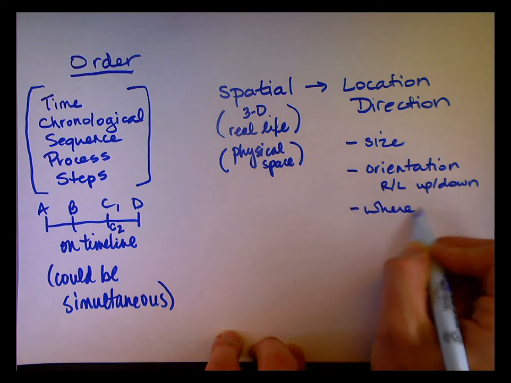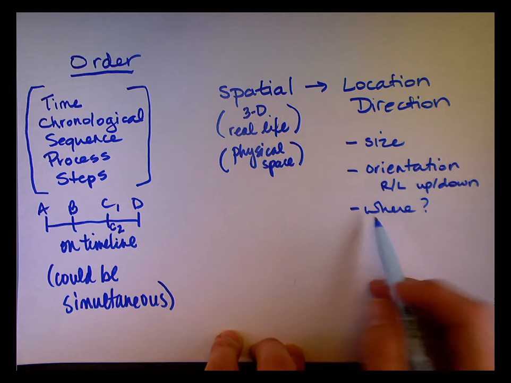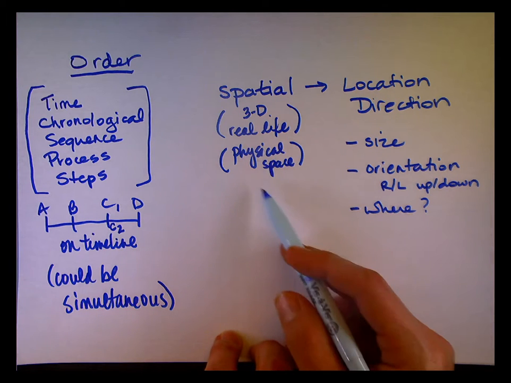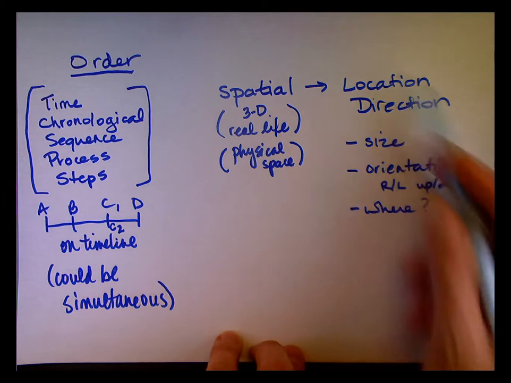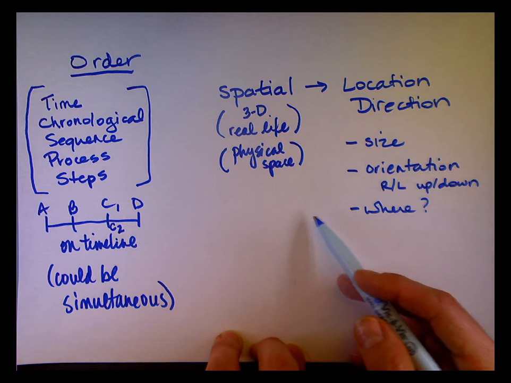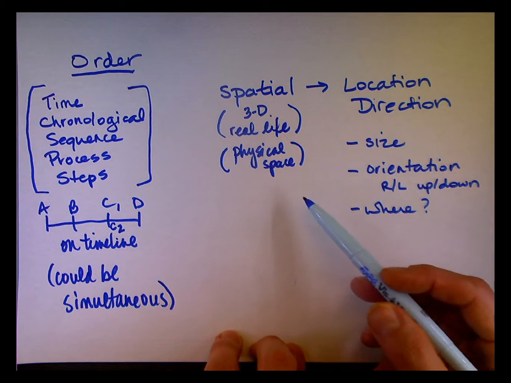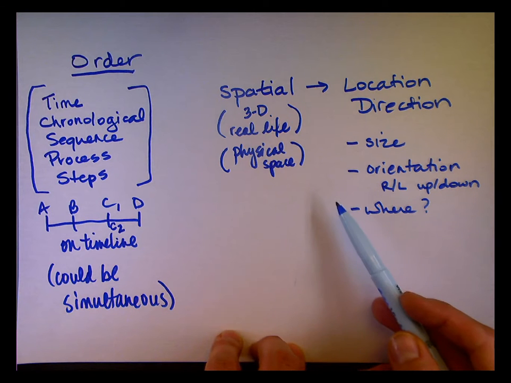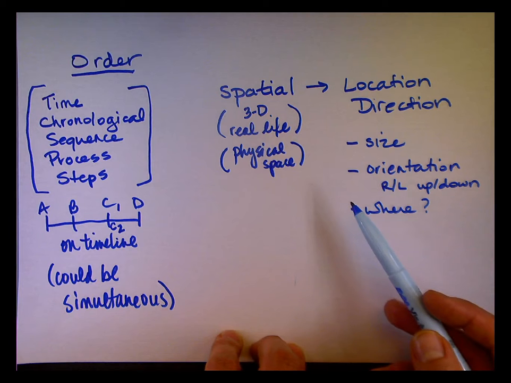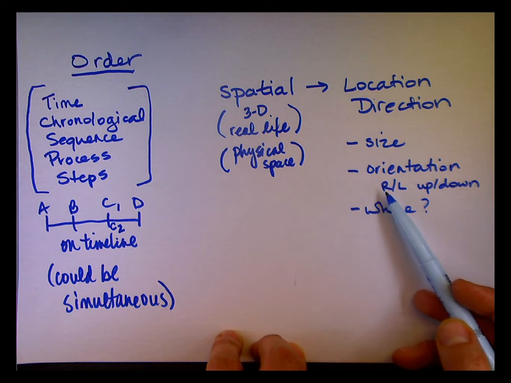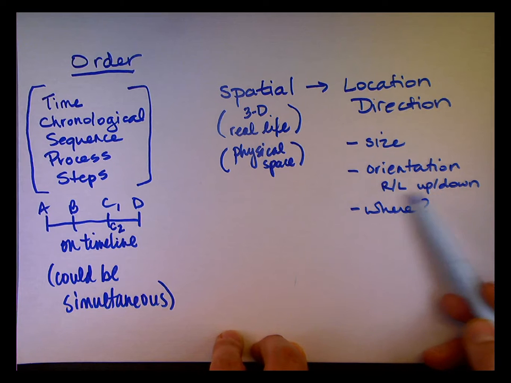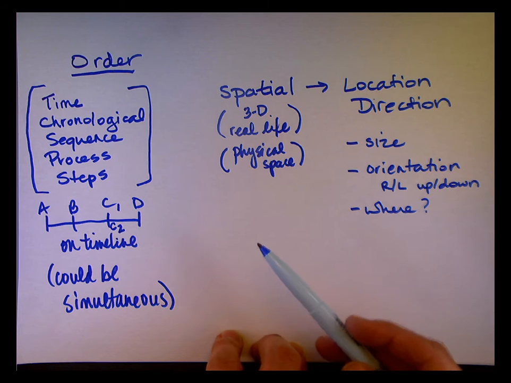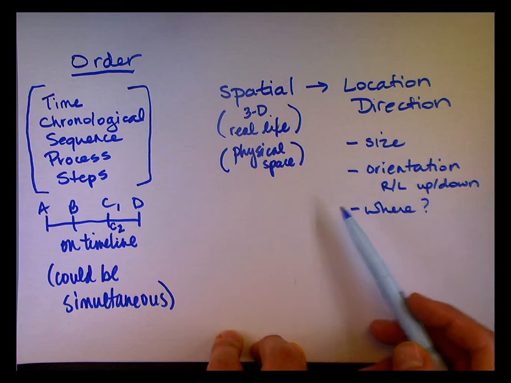So any of those kinds of words that deal with where things are in physical space in real life, if the whole passage is talking about that, describing something, you'd pick spatial order. And if it was a relationship between two sentences being put together to talk about, you know, what do you see when you look to the right, and then if you turn around and look to the left, what do you see? That would be spatial order between those details.